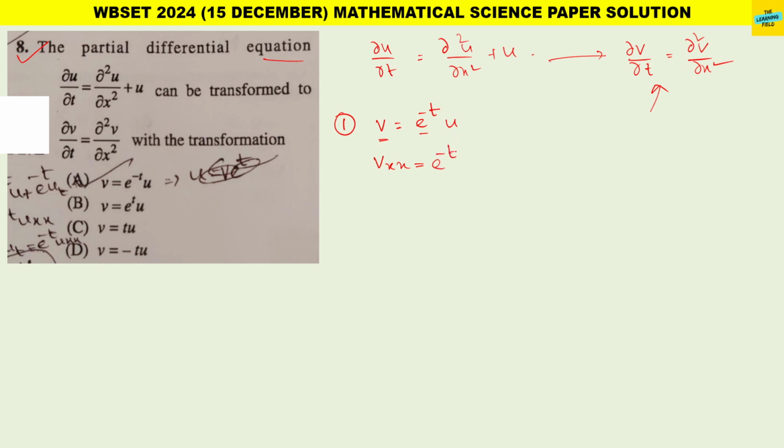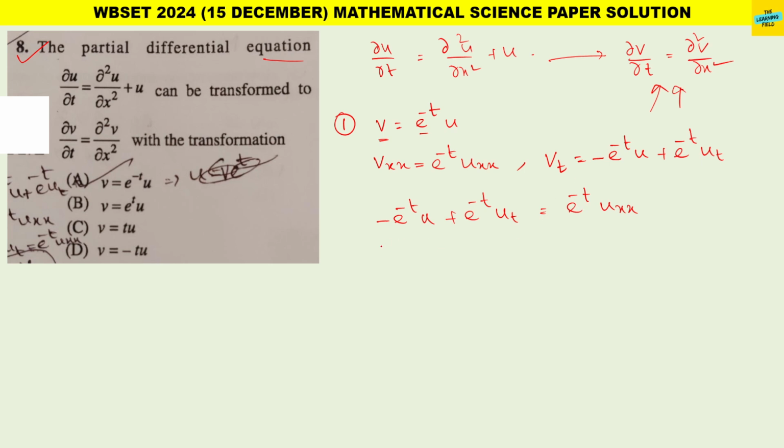So vxx is e to the power minus t u xx simply, and vt equal to minus e to the power minus t into u plus e to the power minus t into ut. Now we put these two values in the equation del v del t equal to del 2v del x2. So minus e to the power minus t u plus e to the power minus t ut is equal to e to the power minus t u xx.